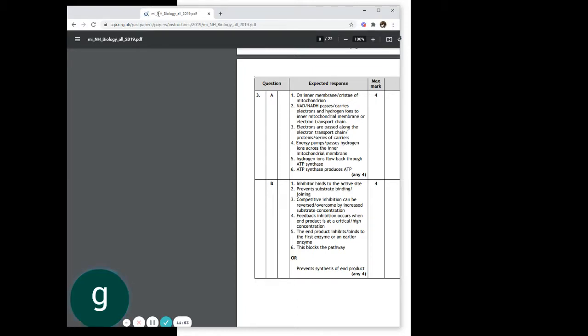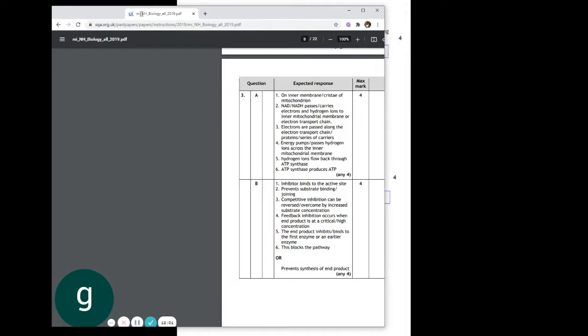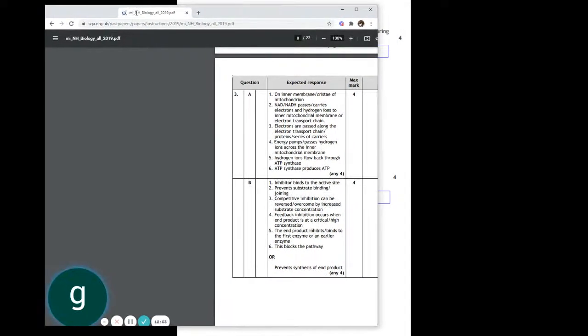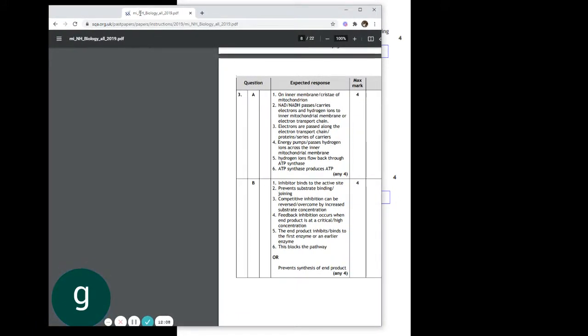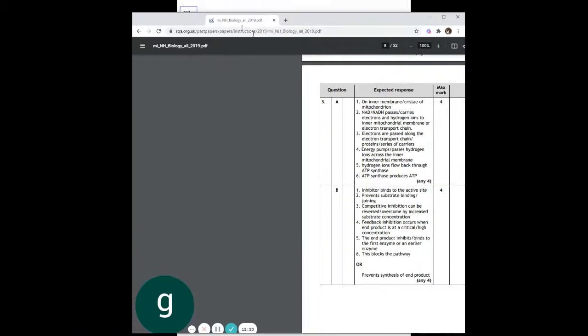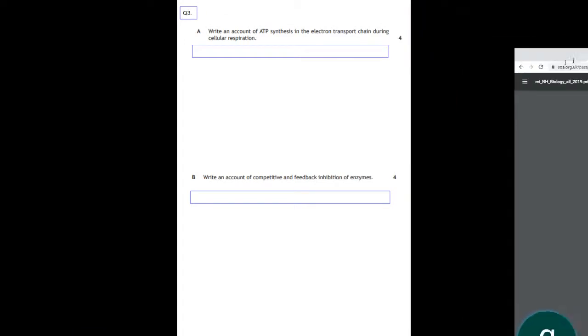NADH carries the electrons and hydrogen ions to the inner mitochondrial membrane or electron transport chain. The third mark, electrons are passed along the electron transport chain or along proteins or along a series of carriers. The fourth possible mark, energy pumps hydrogen ions across the inner mitochondrial membrane. Fifth possible mark, hydrogen ions flow back through ATP synthase. And the sixth possible mark, ATP synthase produces ATP. So you can access any 4 of those.